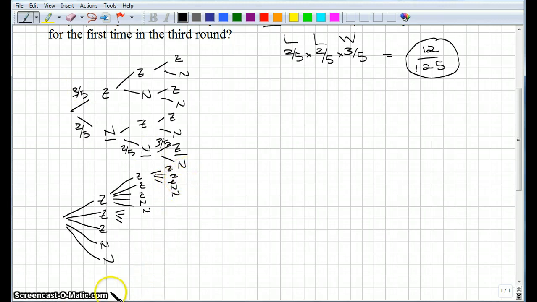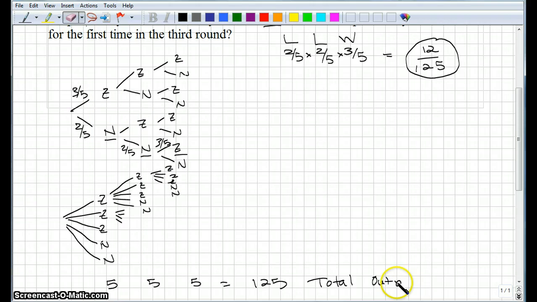So if you look at this tree, you can see that for the total possible outcomes, we have 5 outcomes for the first round, 5 outcomes for the second round, and 5 outcomes for the third round. Okay, which gives us 125 total outcomes. Okay, and again, this is an equivalent problem.